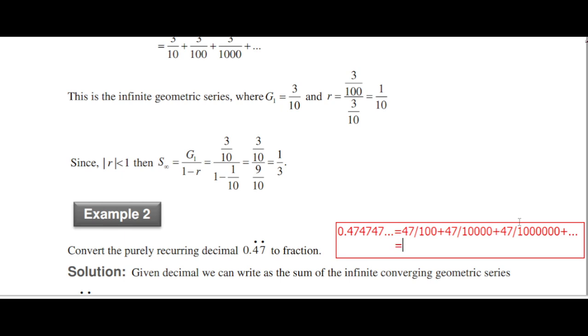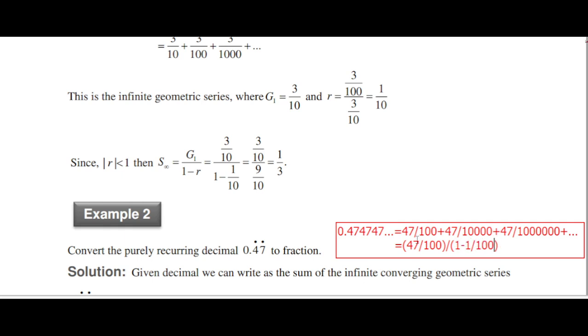This is equal to the first term 47 over 100. The common ratio: 47 over 10,000 divided by 47 over 100 gives a common ratio of 1 over 100. So let's use the formula a1 over 1 minus r, where a1 is 47 over 100, over 1 minus 1 over 100.